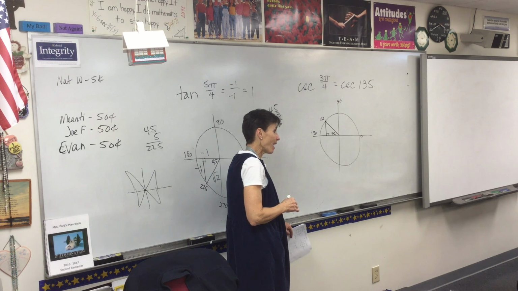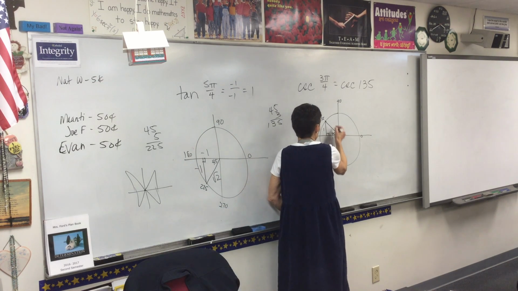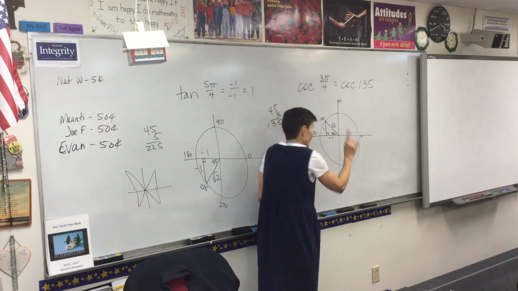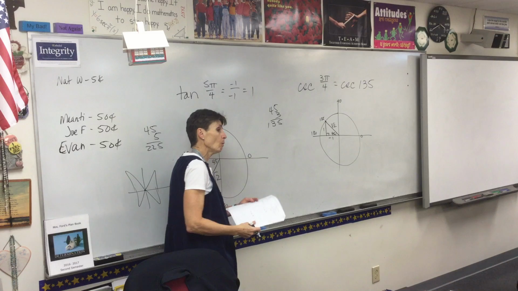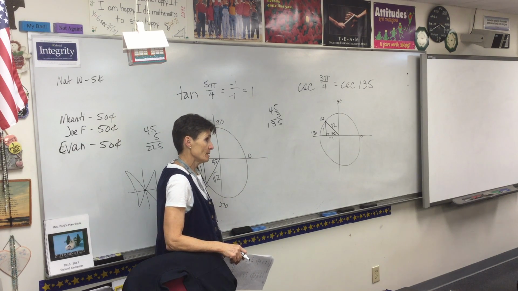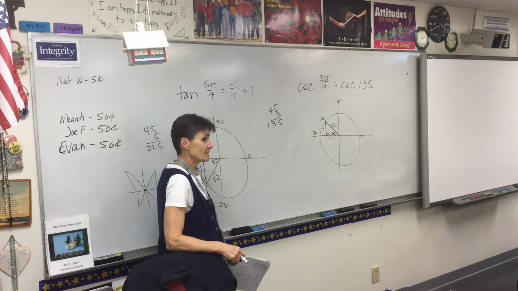What are the sides of a 45, 45, 90? 1, 1, root 2. -1 down here. Very good. We always, always, always got to make sure we put in the negatives. The only time you don't have to worry about it is if you're in quadrant 1. Everybody's still with us.